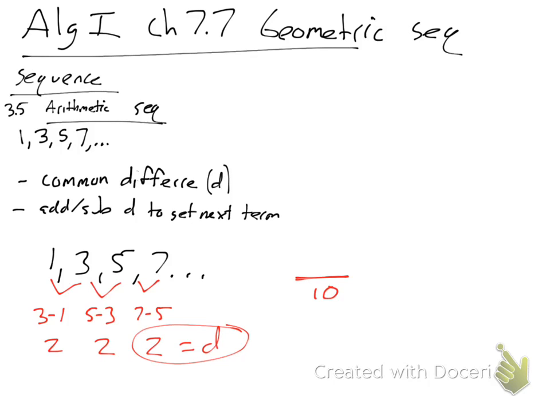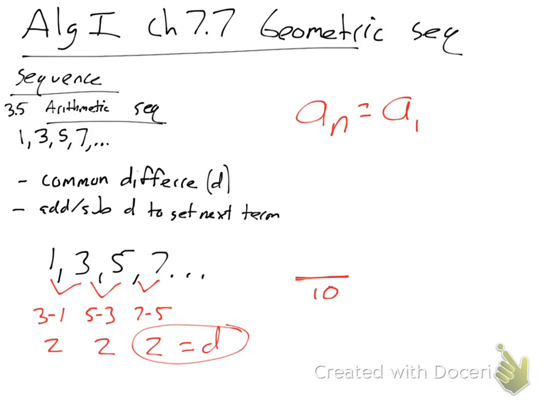But back in 3.5, we actually came up with an equation that would allow us to find any term at will. So if I want to know the 100th term, I could plug in 100, and I get the term. If I want to find the 10th term, I just plug in 10, I have it.